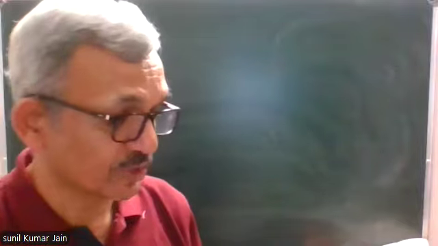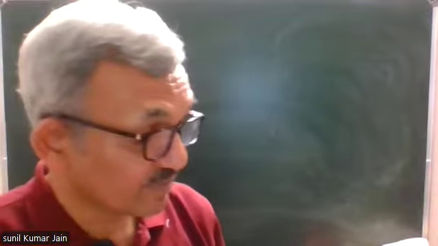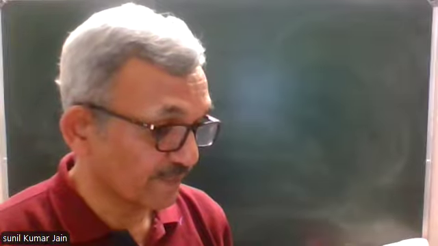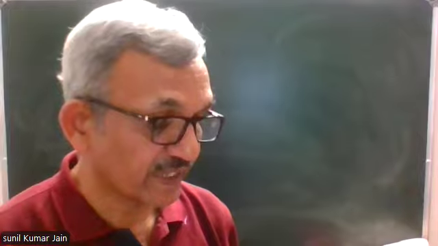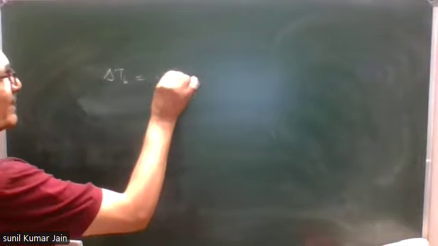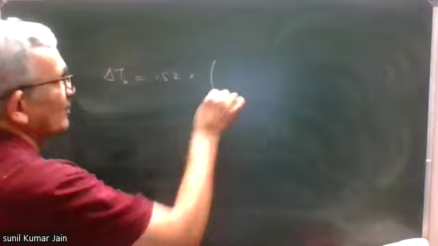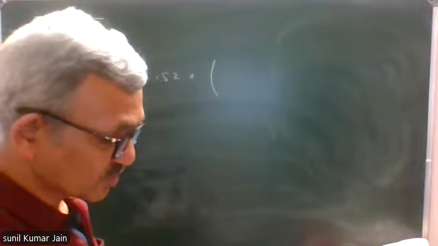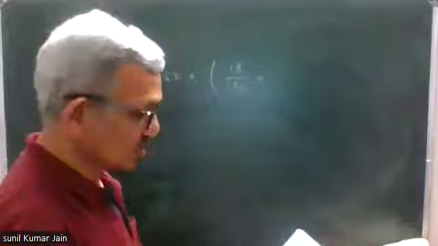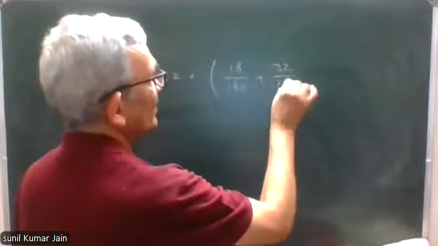The numerical is: calculate the boiling point of a solution of 570 grams which contains 18 grams of non-volatile solute A and 32 grams of solute B, dissolved in water. Kb is given, 0.52. Now, the number of moles of solutes will be added. One is 18 divided by 180, the other solute is 32 grams divided by molecular weight 160.